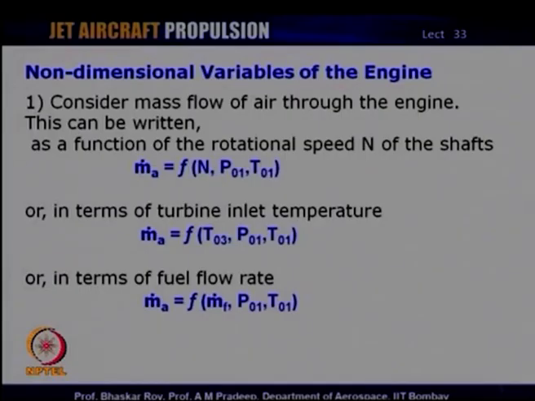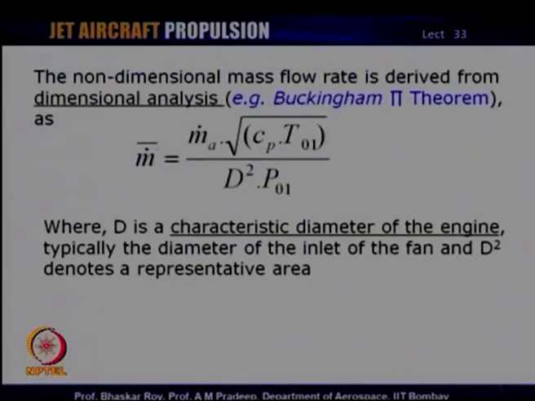All three, along with the initial two parameters, influence the mass flow rate through the engine. So, we need to keep our eyes on all these parameters, the inlet conditions, the speed, the turbine inlet temperature and the fuel flow rate. All of them together influence what the mass flow through the engine should be at any given instant.